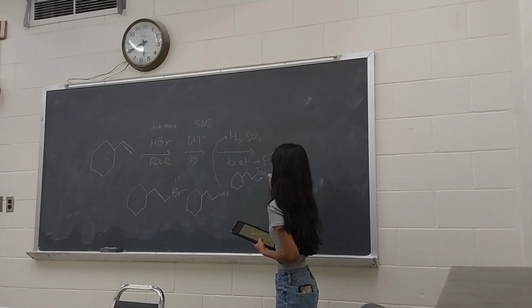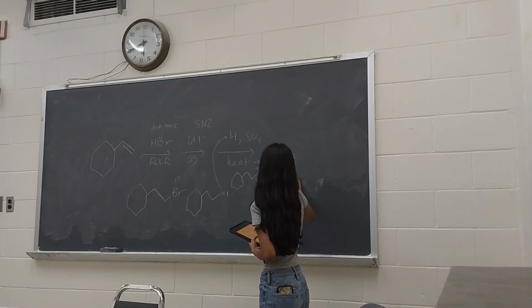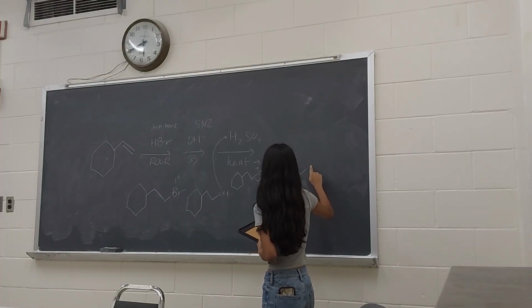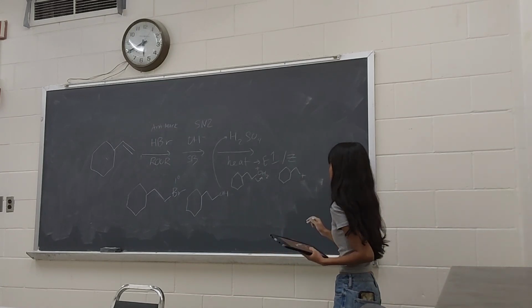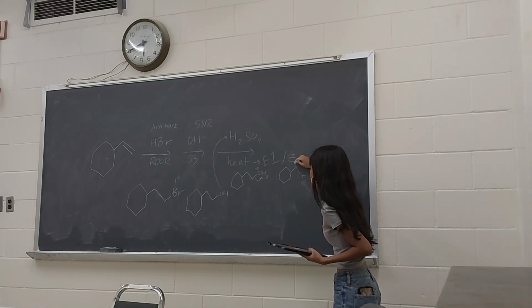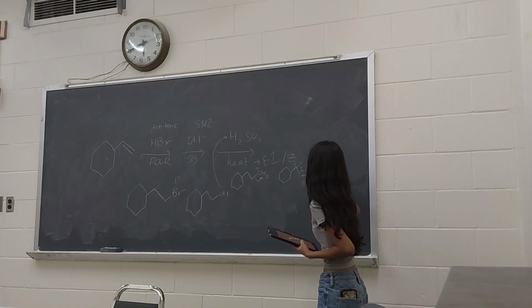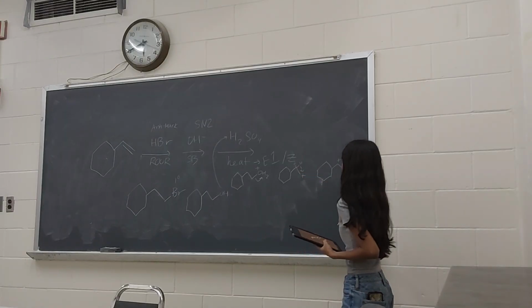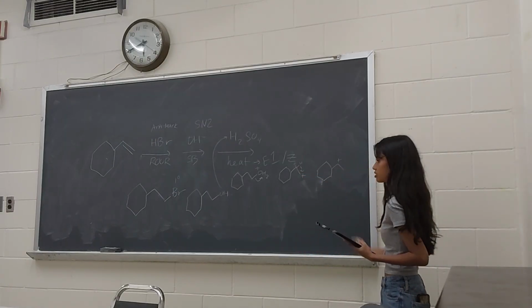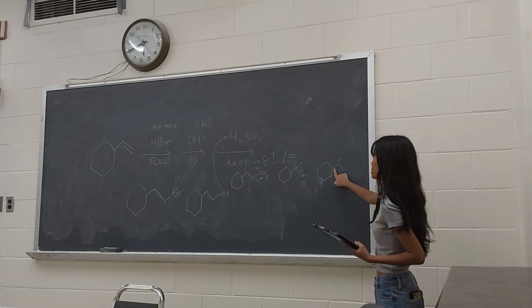This will leave. We have this. What can we shift? Hydrogens. And then Zaitsev, so we want it here or here? At the end or in between?